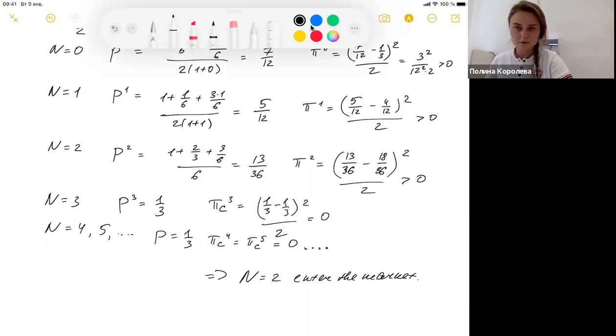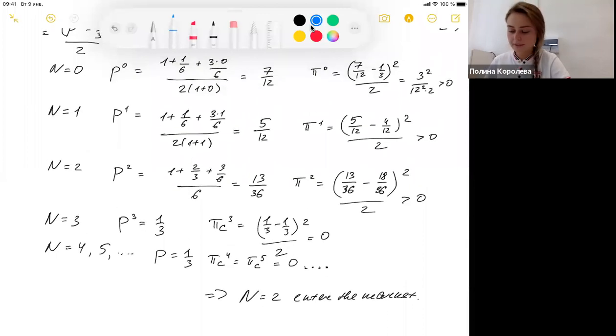Why? Because you can say we have 0 profit, so they can enter. 0 profit is also okay, but we had this entry costs fee. Yes, for entering, you need to pay this entry cost.